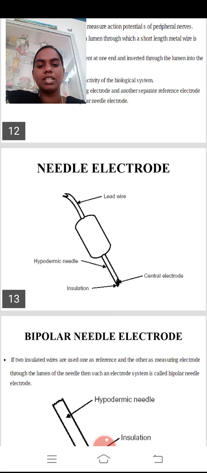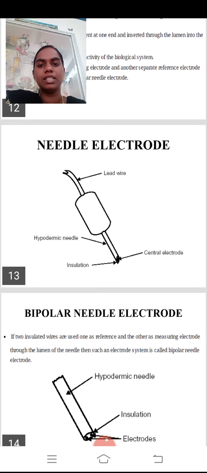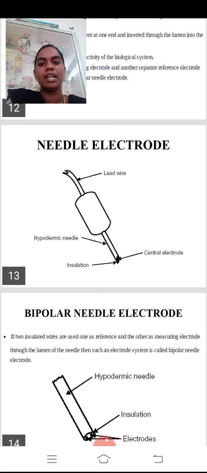This needle is somewhat bent and inserted into our nerves, and the activity of the nerve is sensed and the signal is passed to the communication system through the upper part lead wire as shown in the figure.